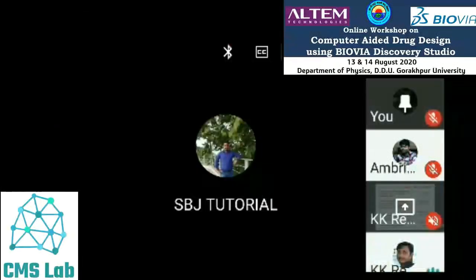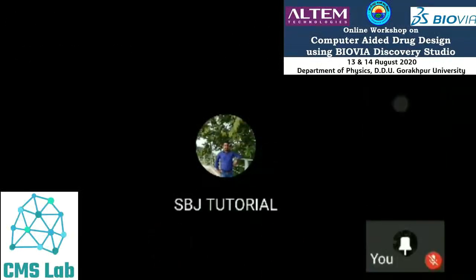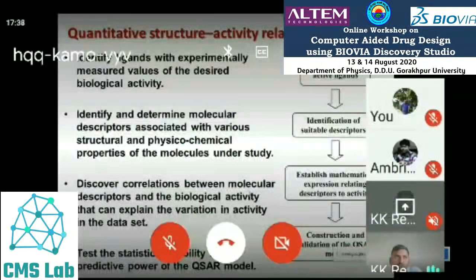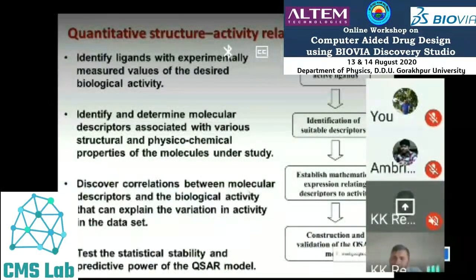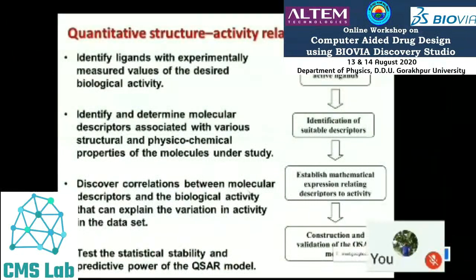So coming back to ligand-based drug design. You all know that QSAR and pharmacophore modeling are widely used for ligand-based drug design. When we have a structure of a protein, it's easy to predict the protein-ligand binding interactions.